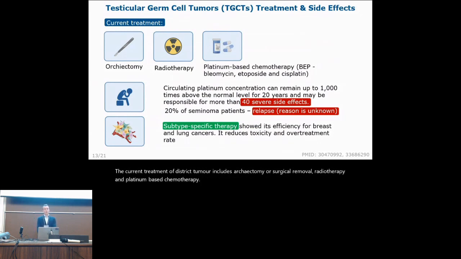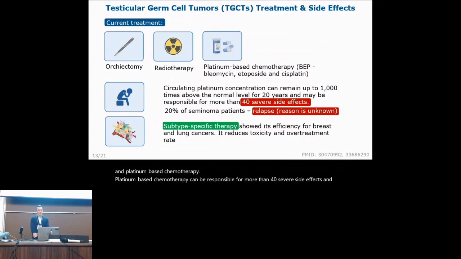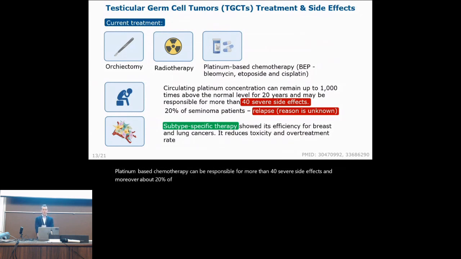However, platinum-based chemotherapy can be responsible for more than 40 severe side effects. And moreover, about 20% of seminoma patients will relapse during the 1 year after the treatment, and the reason for this is currently unknown.